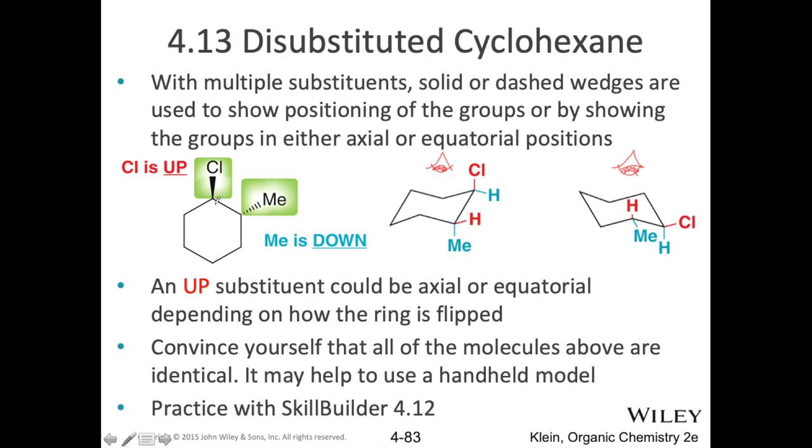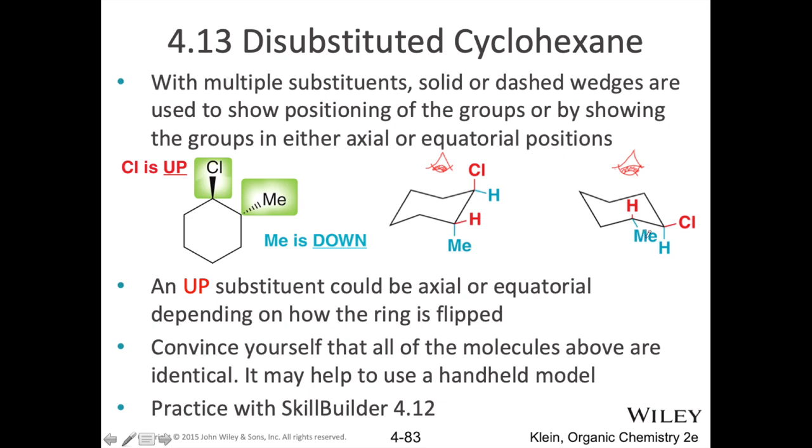So if this is up, that chlorine is axial. If this is down, this methyl group is also axial. But if we treat it the other way, if this was a down carbon, down up, that chlorine is equatorial. Up, down, this methyl group is also equatorial.